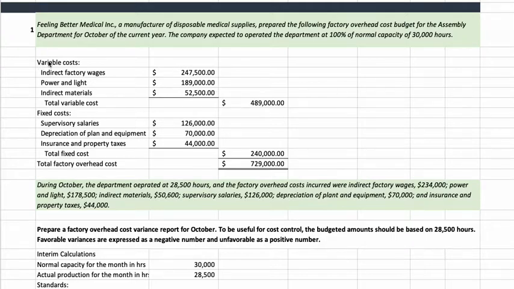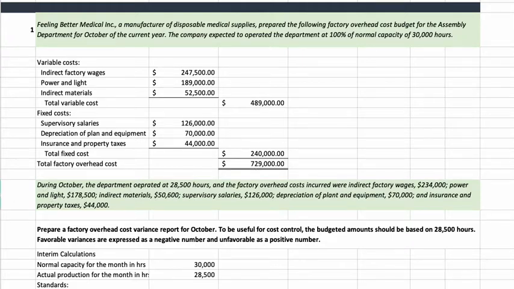We have a list of variable costs and a list of fixed costs. And these variable costs are based on the expectation that we will operate at 100% of normal capacity. So our total factory overhead cost was projected to be $729,000.